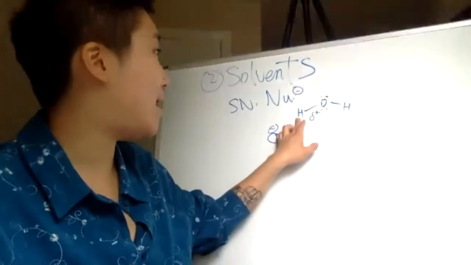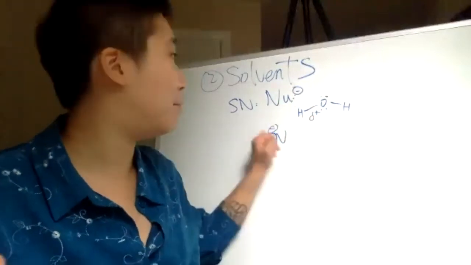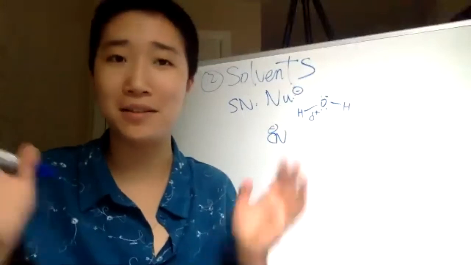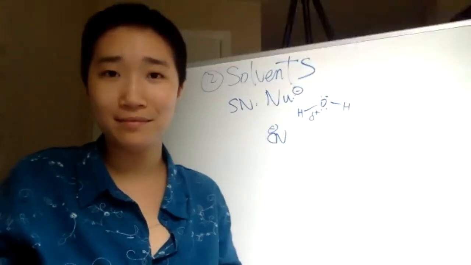And now we have a bunch of water surrounding it. What do you think is going to happen with the minus charge on the C? Is it just going to sit there and chill? The partial positive charges from the H would be attracted to the negative charge on the carbon. You're absolutely right.